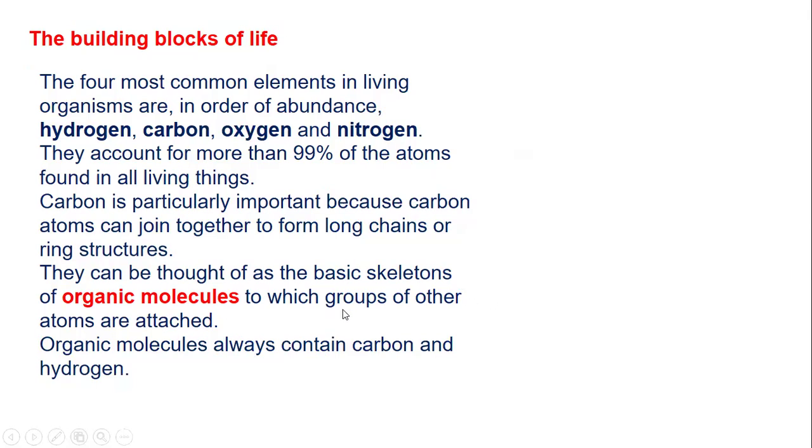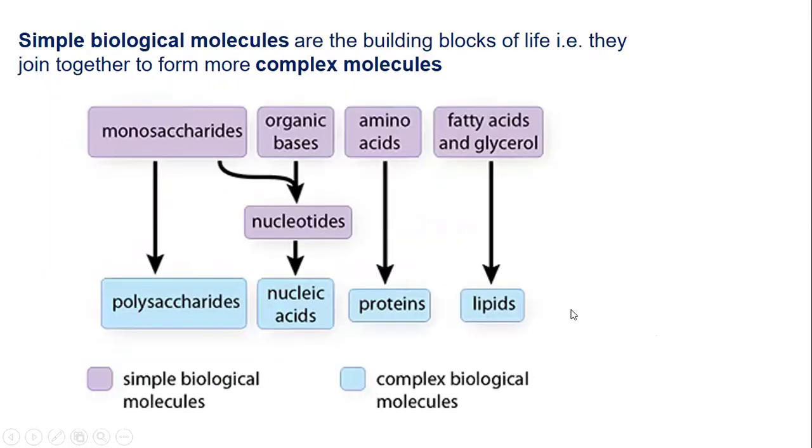And you're going to look at examples of these molecules and how carbon plays a role in them. Most of these molecules are organic. When someone talks about organic, we are mainly looking at molecules containing mainly carbon and hydrogen.